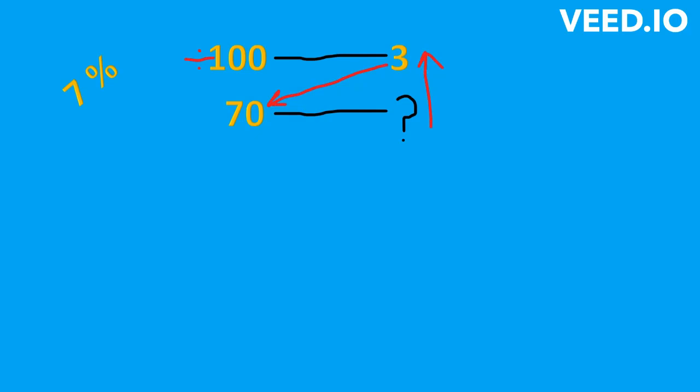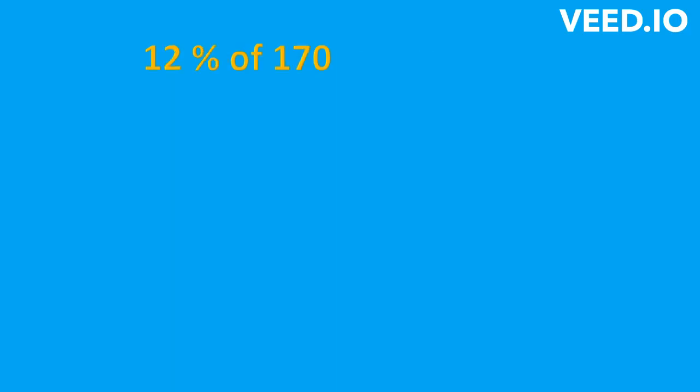Question mark above is 3, opposite multiply. So we are multiplying 70 and the remaining we are dividing. The remaining is 100 here. So we can simplify it further to get the answer.